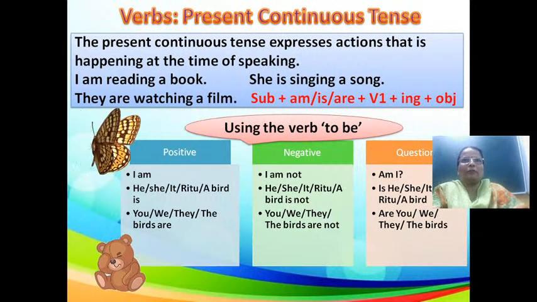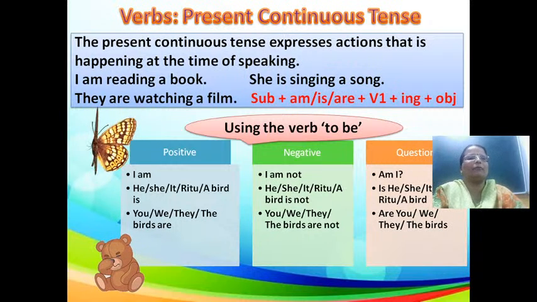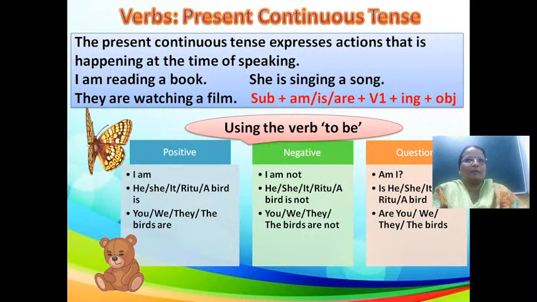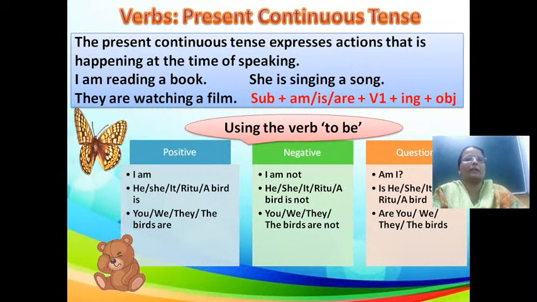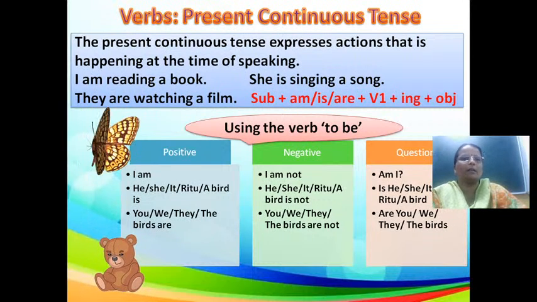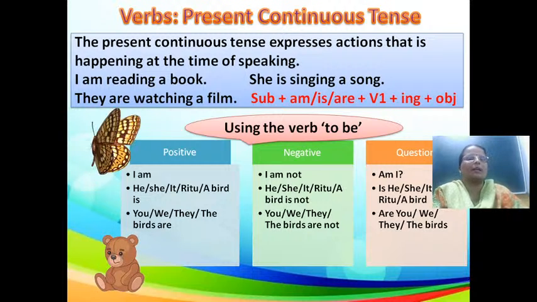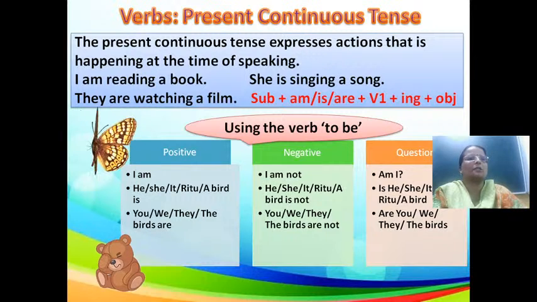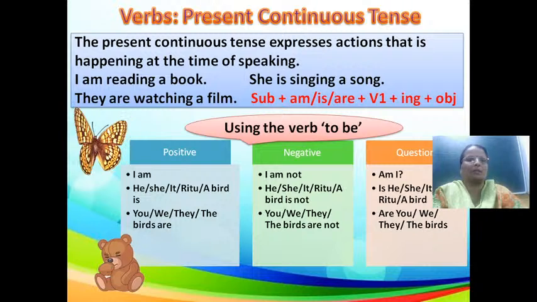Now, if you have to form a present continuous tense, then you should understand the format of present continuous tense. Look at the present continuous tense format. First of all, you have to write the subject. It may be I, he, she, it, they, you, we, a monkey, a donkey, or the children, the students. It may be Swara, it may be Pratyaksh, it may be Lavanya, whatever it may be. So first of all, subject.